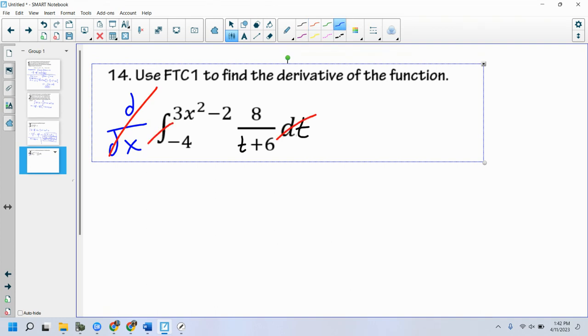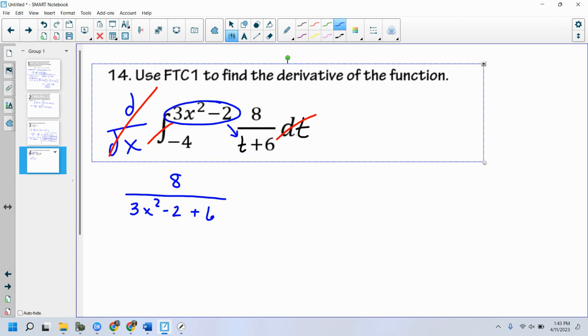The derivative will cancel the integral notations. Now, what we have to do is take this piece and plug it in for t. So this is going to be 8 divided by 3x squared minus 2 plus 6. And that's finding the derivative of the integral.